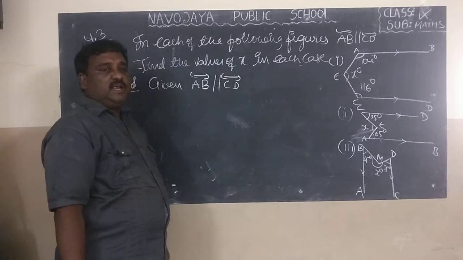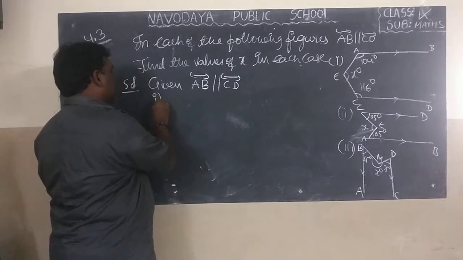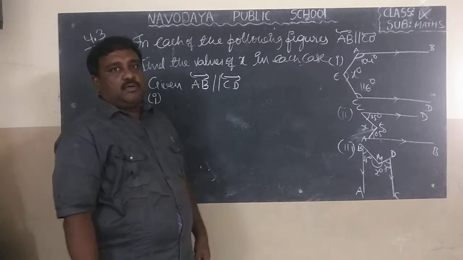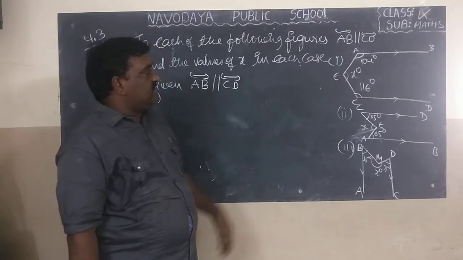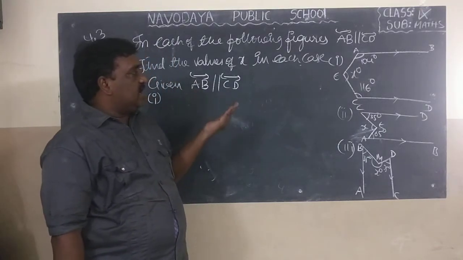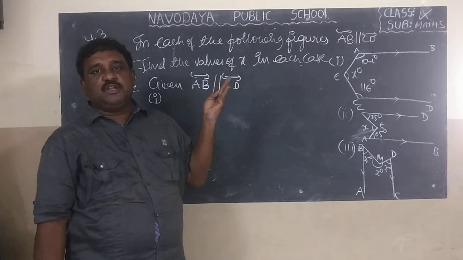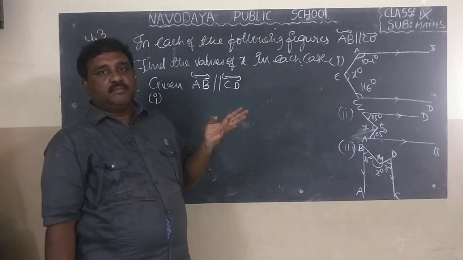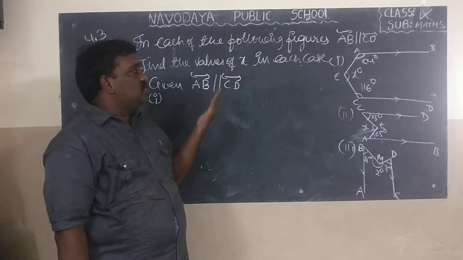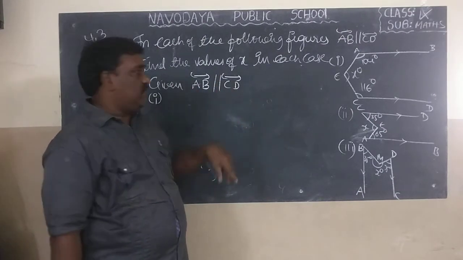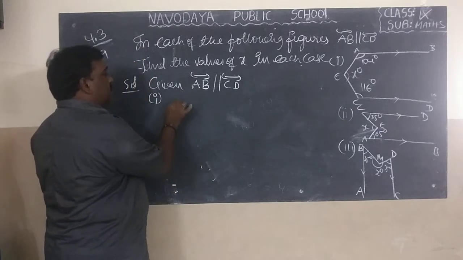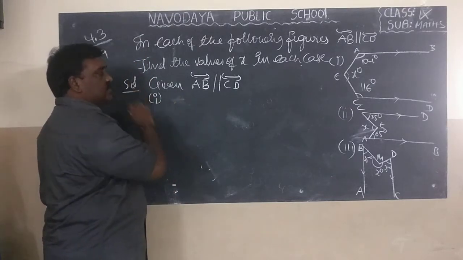AB parallel CD. First diagram solution. Okay? AB parallel CD. What are the angles in the diagram? X, 104, 116. They are the angles in the diagram. So by using three angles, find out x value. First one solution.